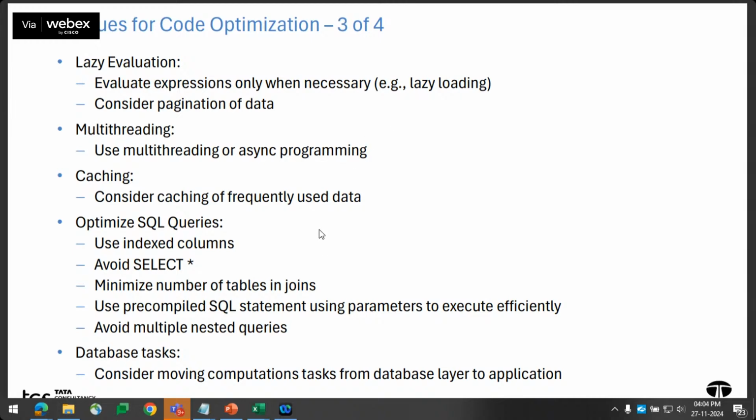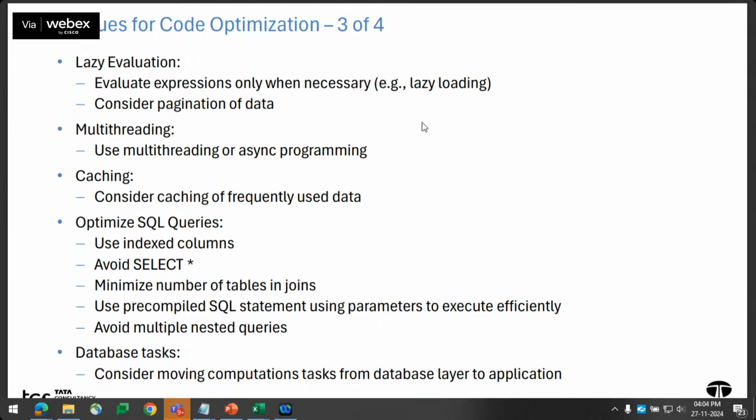Then there is the optimization of SQL queries. You need to use index columns, and avoid select star. Instead, you should try selecting only the columns which are required.